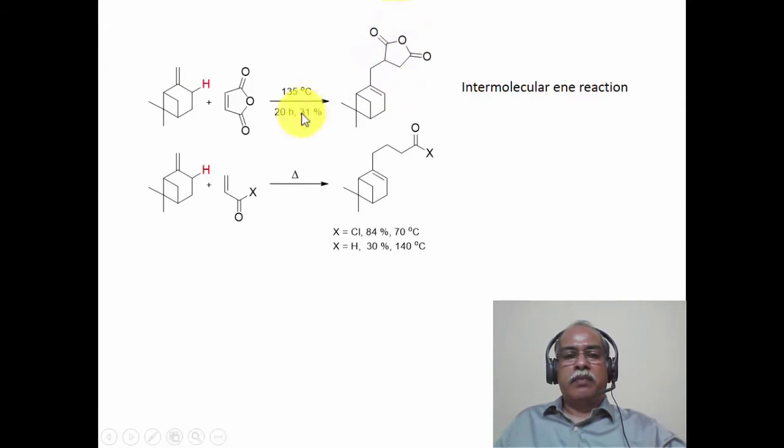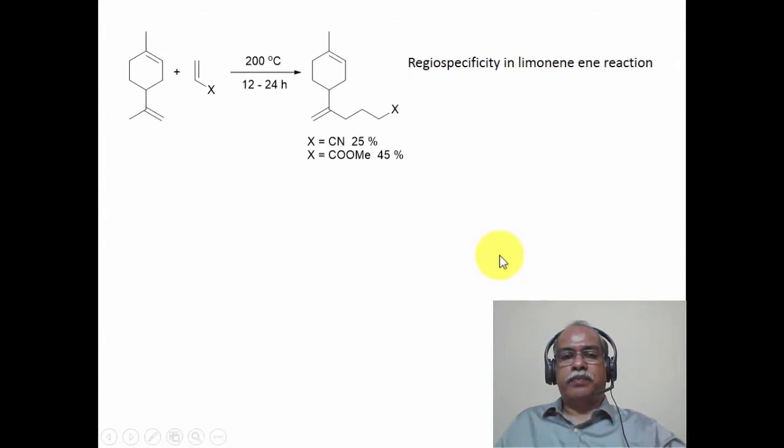Here the reaction is regiospecific in the sense the hydrogen is transferred onto the alpha position and the carbon-carbon bond is formed between the beta carbon of the enone or the enoyl chloride and this particular carbon of the ene component of this particular system.